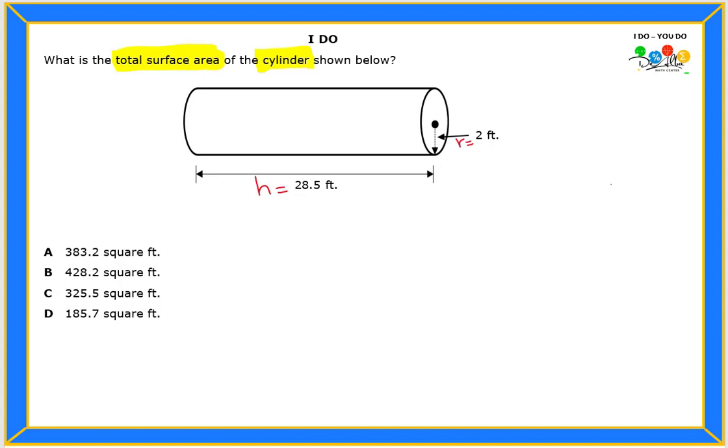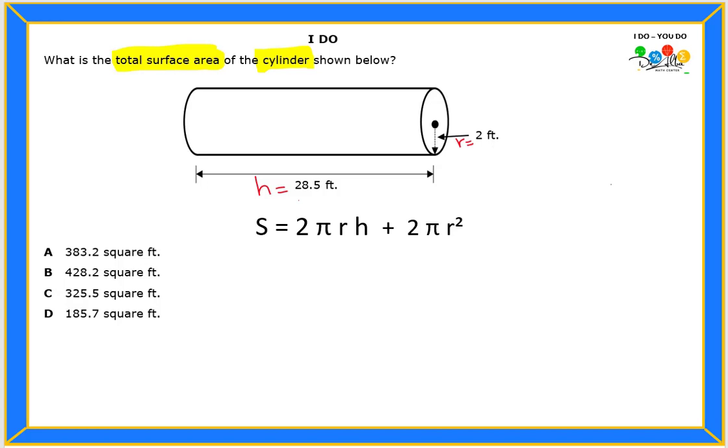Now, remember, total surface area is always going to be a formula longer than what you think, right? Because when I'm looking for total surface area, I'm looking for both. I'm looking for the lateral, which is the sides, and I'm going to write it down right here.